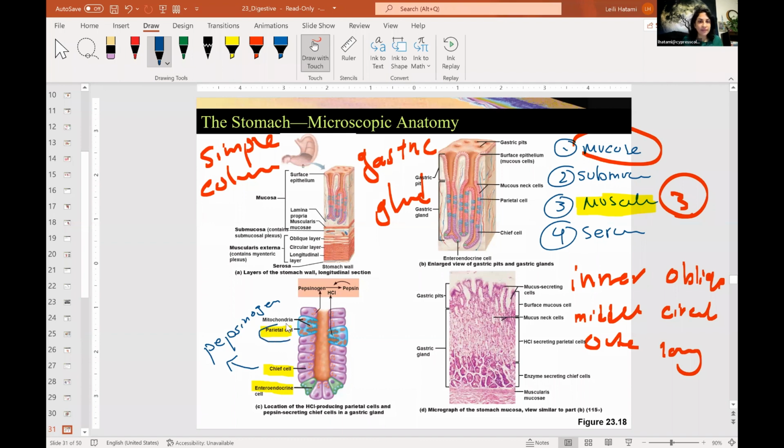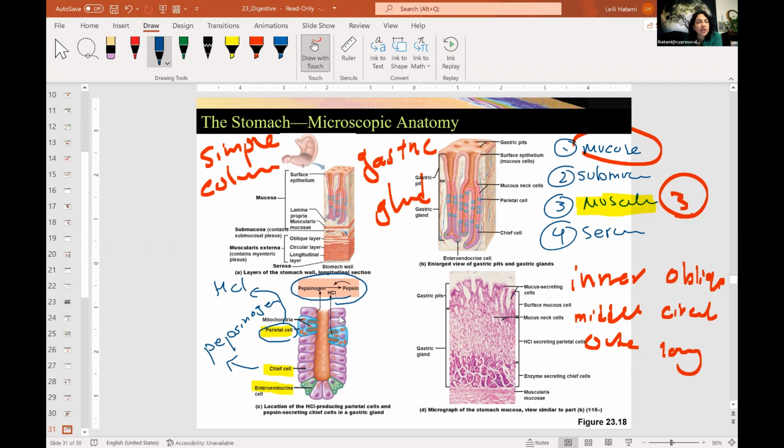Parietal cells are going to produce acid, and the acidic environment is going to help destroy the bacteria, the microorganisms, and also the presence of acid is important to convert pepsinogen to pepsin, because pepsin is the active form of the pepsinogen, which is going to break down the protein.